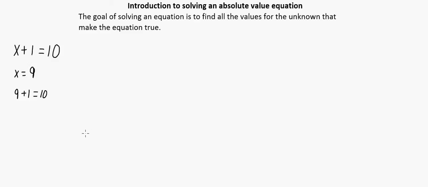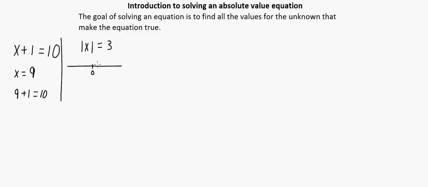So let's see how this relates to an absolute value equation. Say I have the equation, the absolute value of x equals 3. In terms of our geometric interpretation, this means some number that has a distance of 3 from 0. So you could draw a number line and say here's 0.